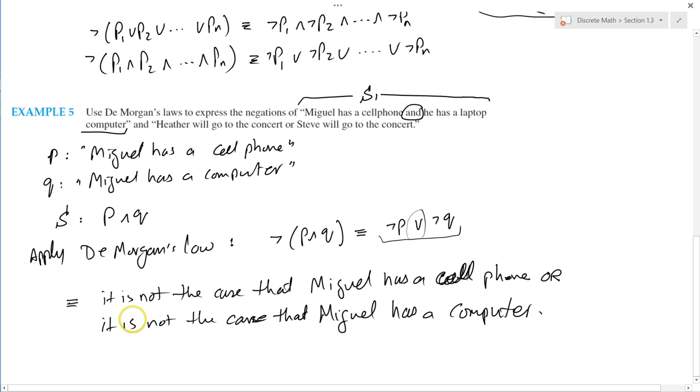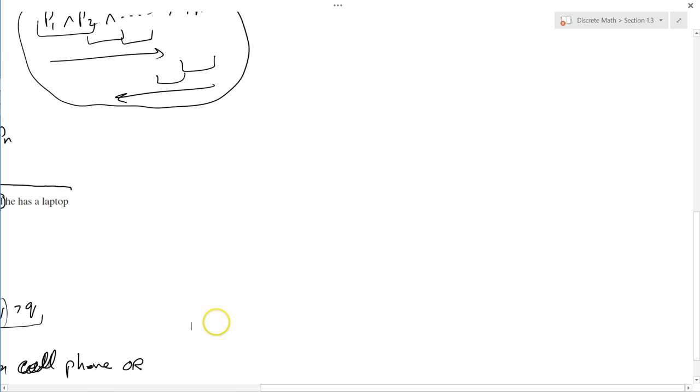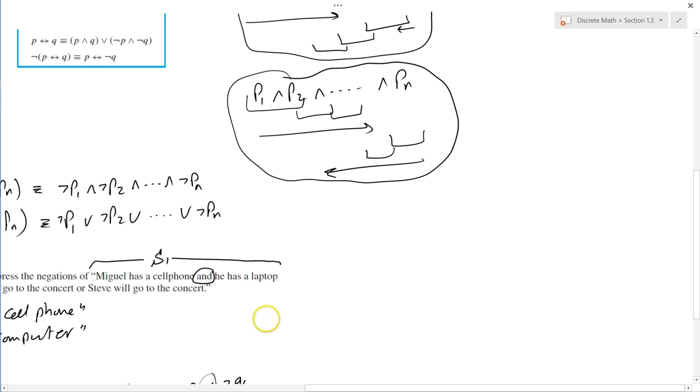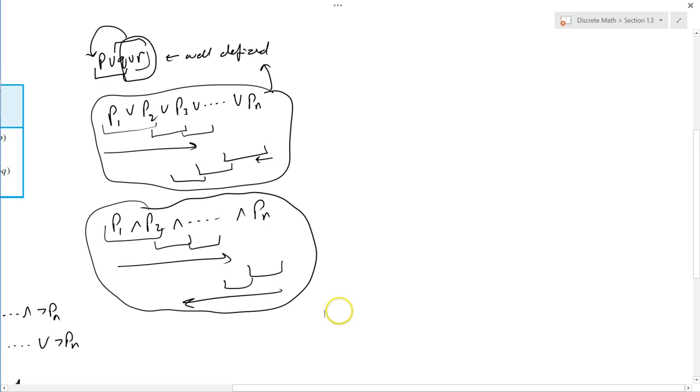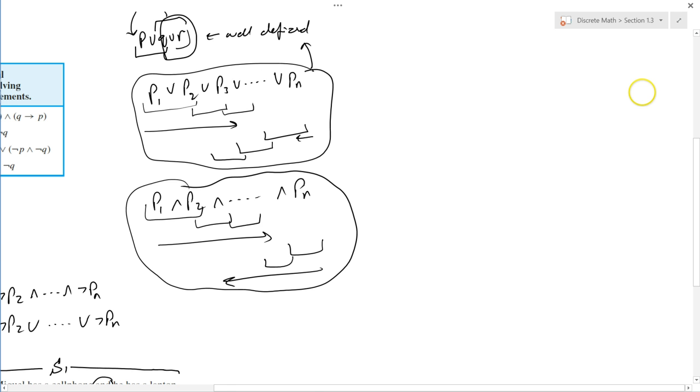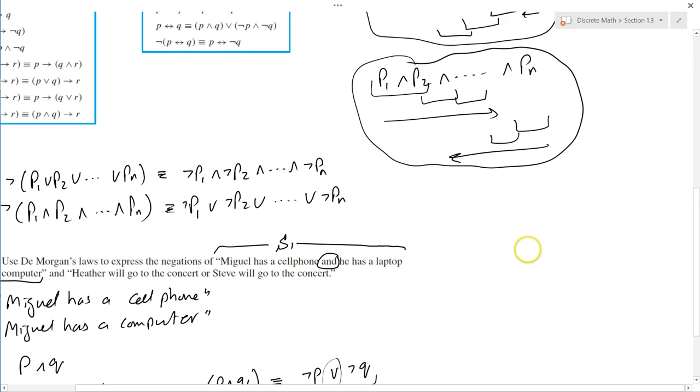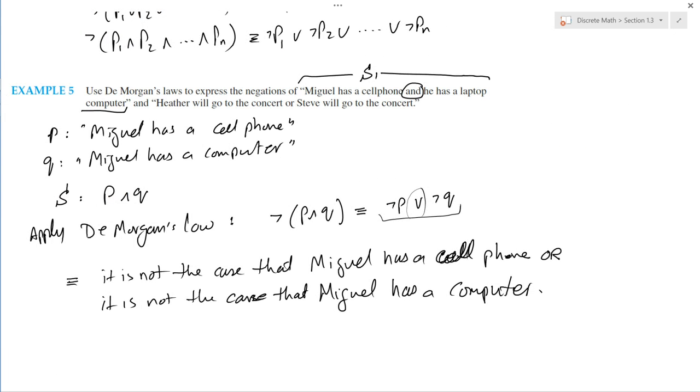Now we can go further and translate this into regular English. For translating into regular English we can simply say that Miguel does not have a cell phone, or he does not have a computer.